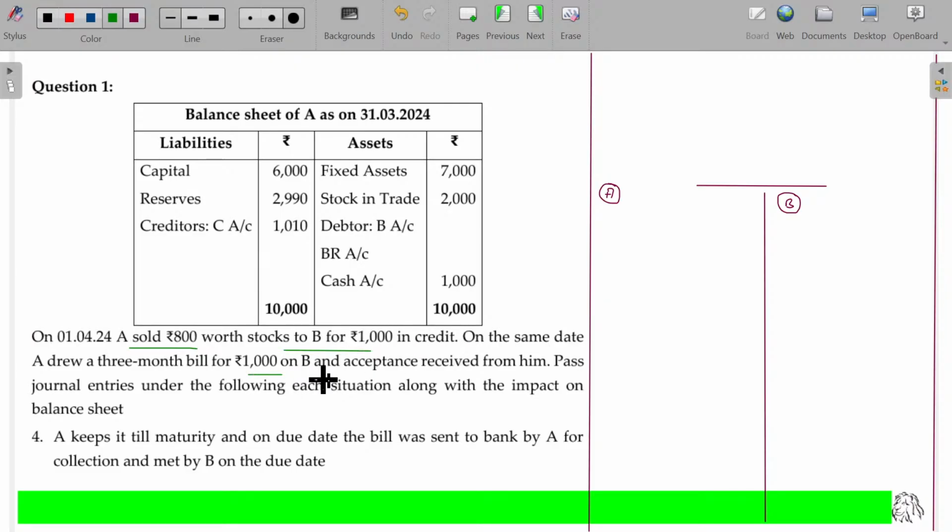On the same date, the bill is drawn. So up to this remains same. A sells the goods worth 800 and by adding profit 200 transferred to B on 1/4/24. A sends the bill drawn, and acceptance received.